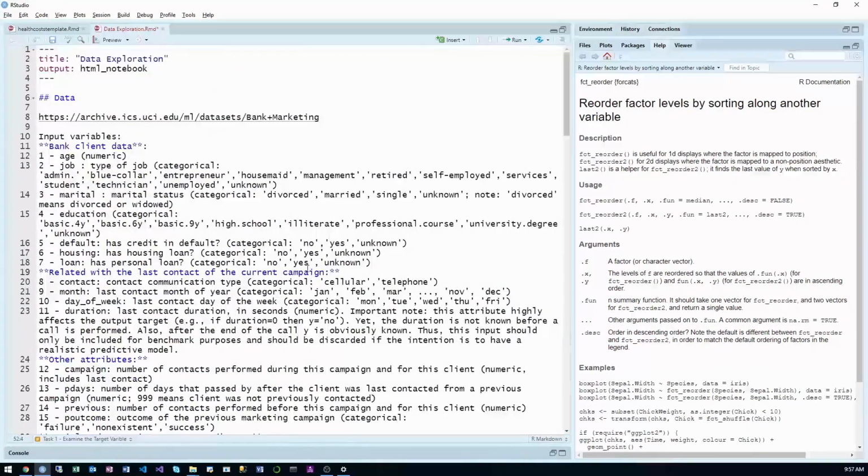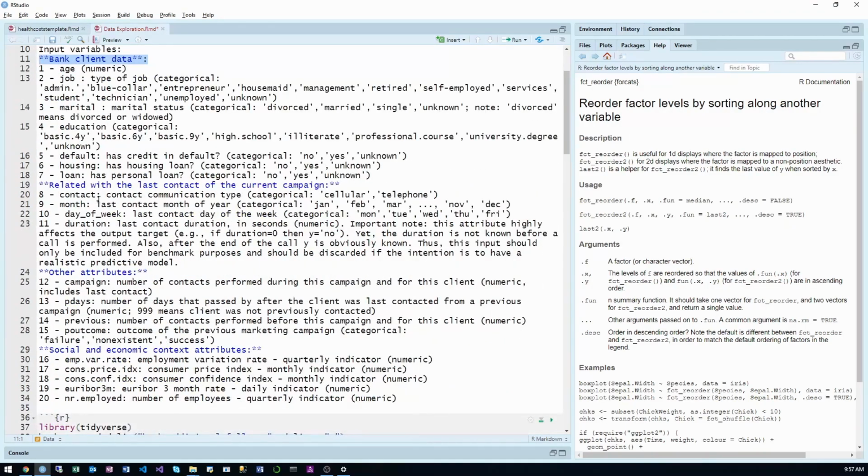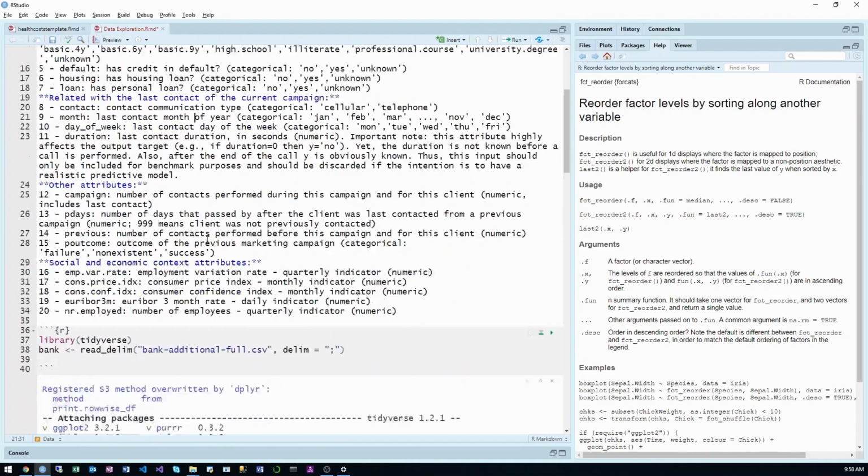And the predictor variables are client data, such as their age, their job, their marital status, education status, and the variables related to the last contact or their history with the bank, such as the contact communication type, whether they called on the phone or a cell phone, the month of the year of their last contact, the day of the week, the duration, and so forth.